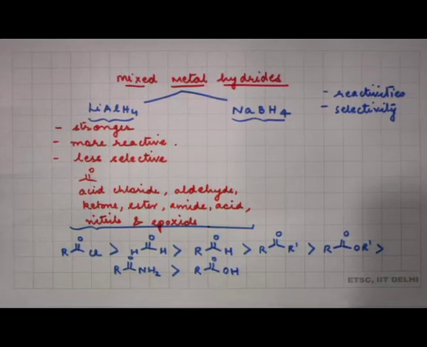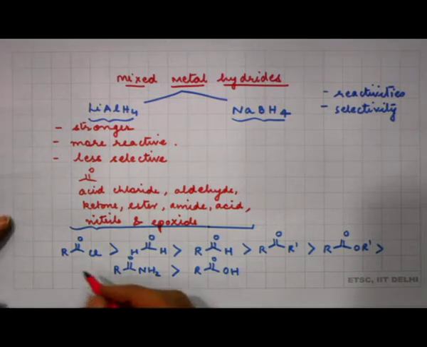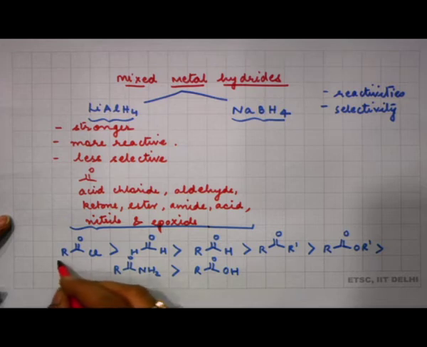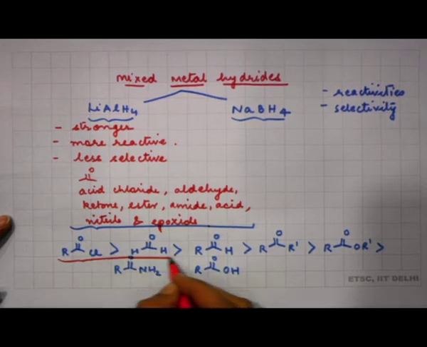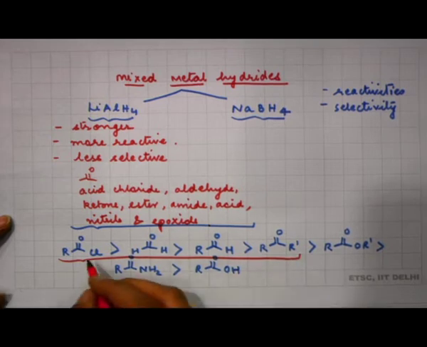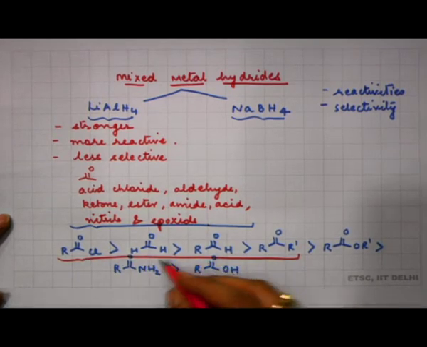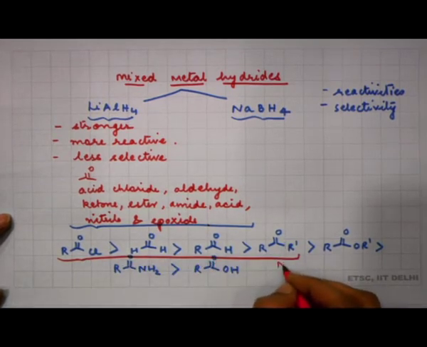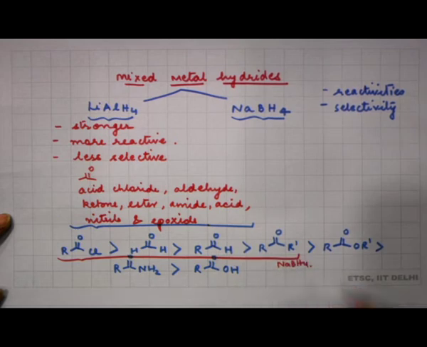So, this is the order in which the different carbonyl compounds will react with lithium aluminium hydride, but of these not all react with sodium borohydride. Sodium borohydride can only reduce up till ketone. So, it can reduce an acid chloride, an aldehyde or a ketone. So, this is what sodium borohydride can do.